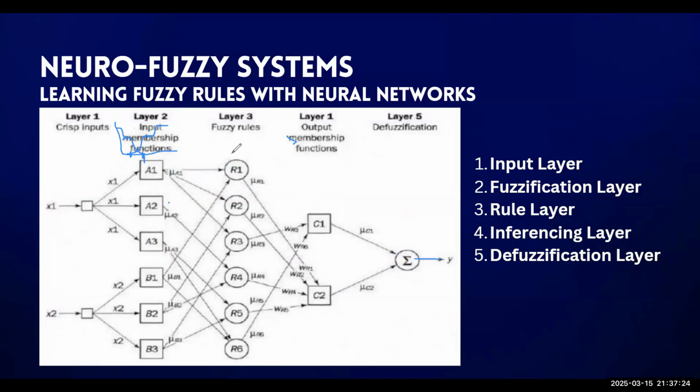In the rule layer also, we can decide what kind of rules will increase the accuracy of our system. Also when we are deciding this weight, rather than taking the highest probability value or the lowest probability value as our weight, for that also we can create a function using neural networks.